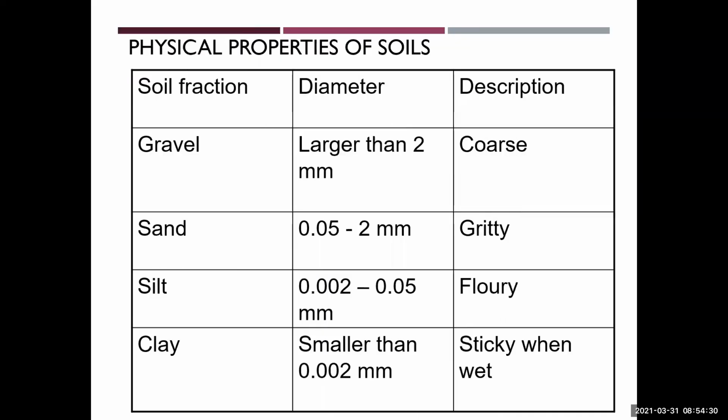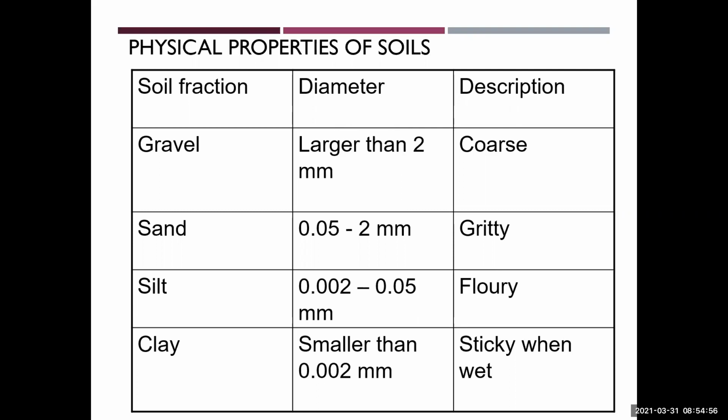When we think about the physical properties of soil, this is part of that 45% we just talked about. We usually consider gravel, sand, silt, and clay as the components of soil. Sand and silt are merely broken down rock fragments, often consisting of quartz, feldspar, mica, and other materials.